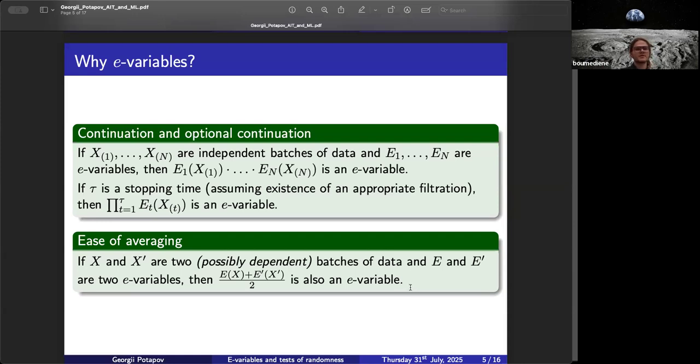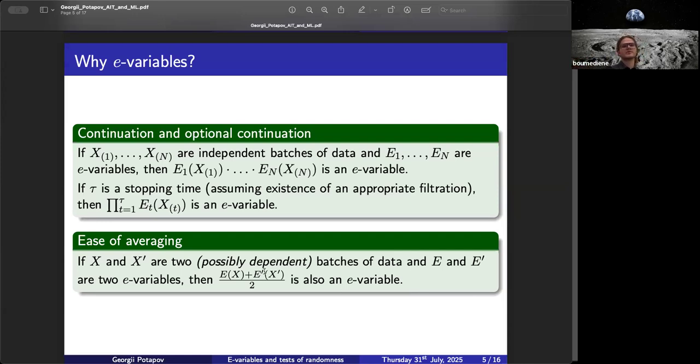And well, assuming that we have some appropriate filtrations, we could talk about optional continuation, that we can produce some e-value in one experiment and then decide if we want to continue and have our running product as an e-variable.